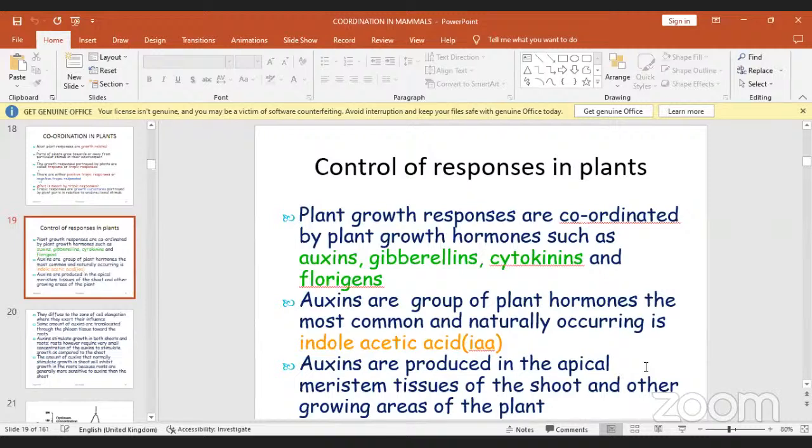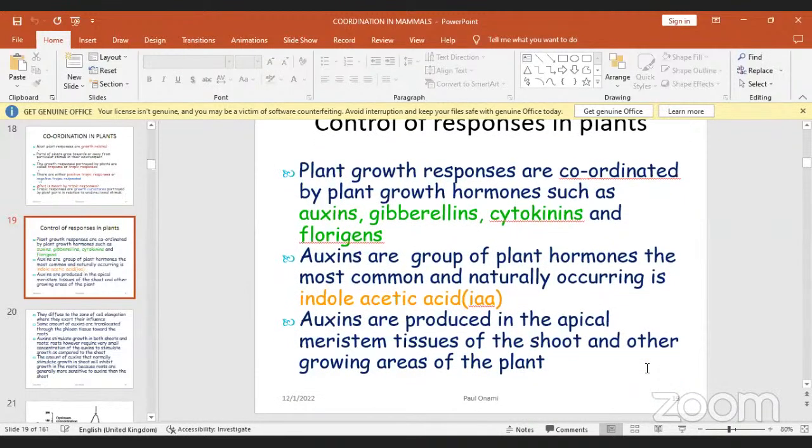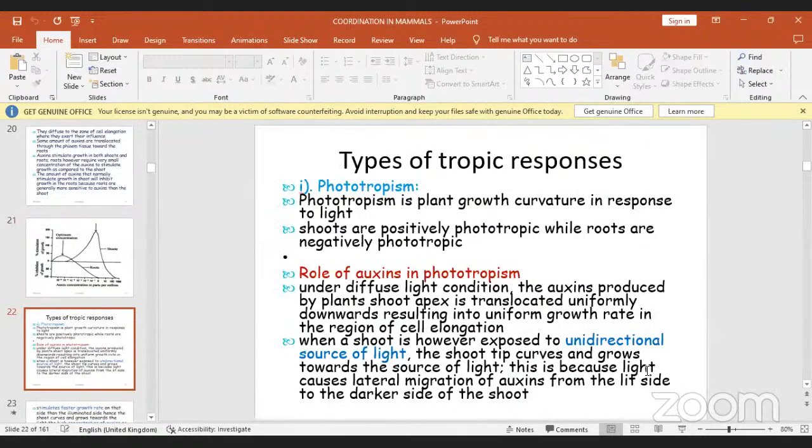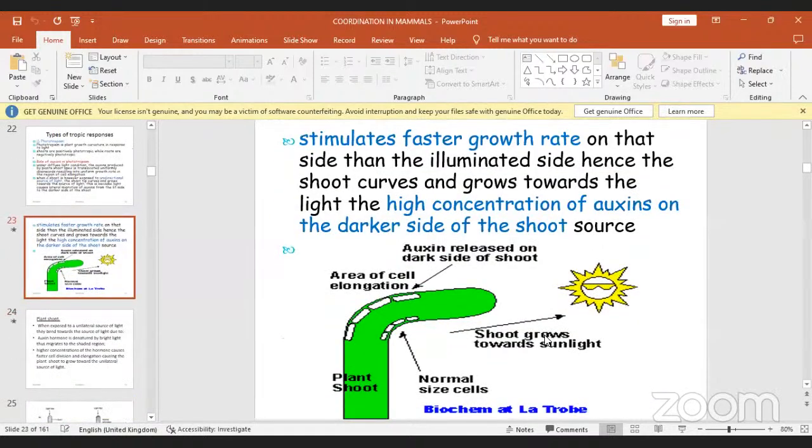So there's a type of tropic response called phototropism. I want to open a diagram here, that when light comes from a single direction and hits the tip of the shoot, the auxins will migrate to the other side that is darker.